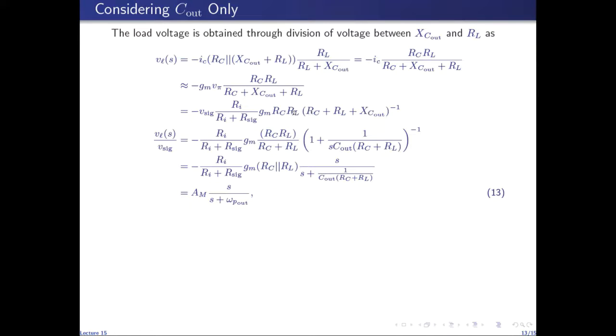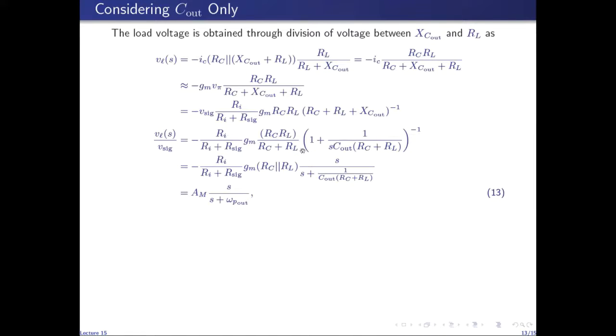In this expression, I wrote the denominator explicitly in the form of an inverse, and then I took RC plus RL out common, so it appears in the denominator, and I'm left with 1 plus XC out over RC plus RL.